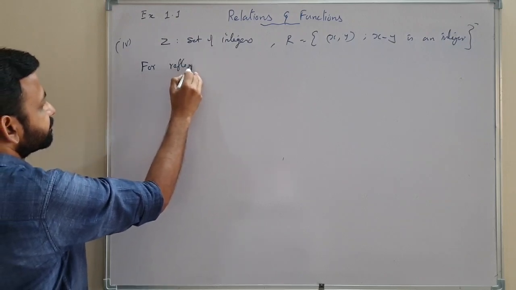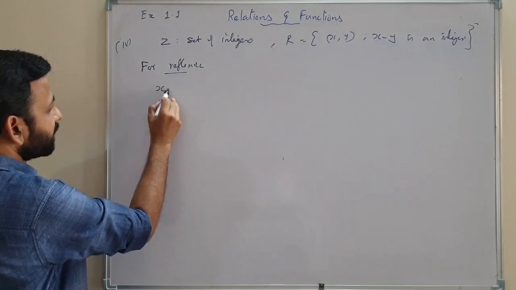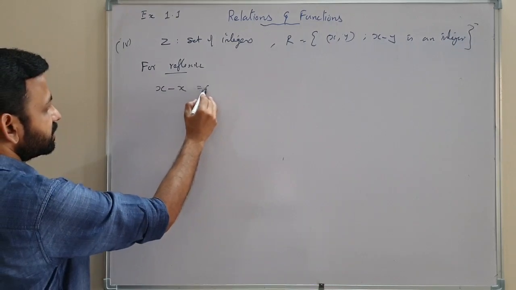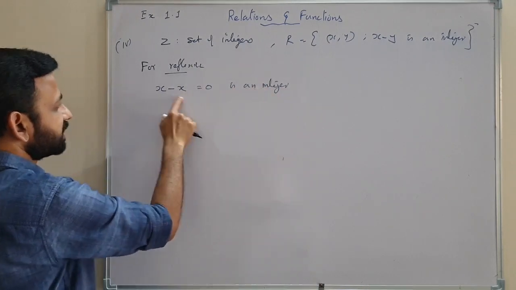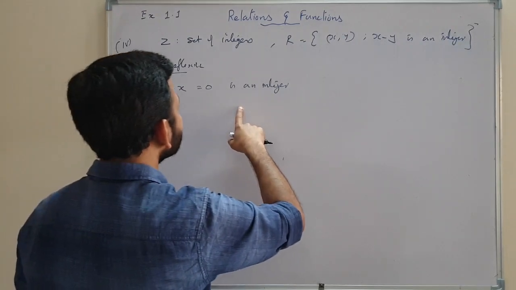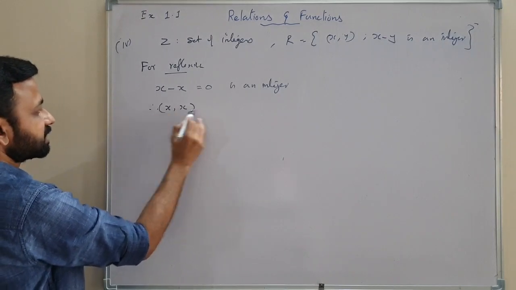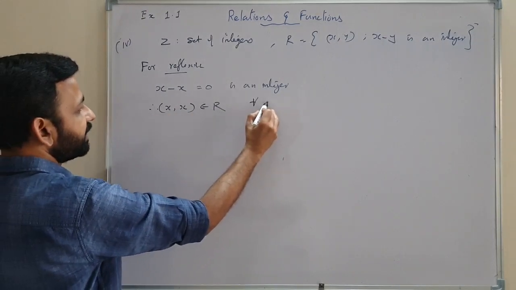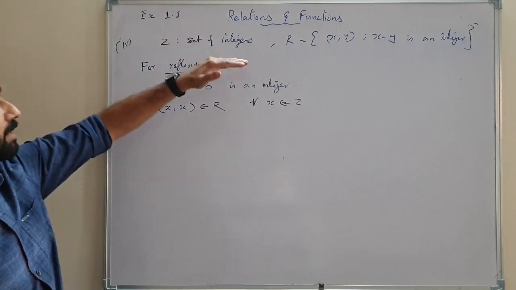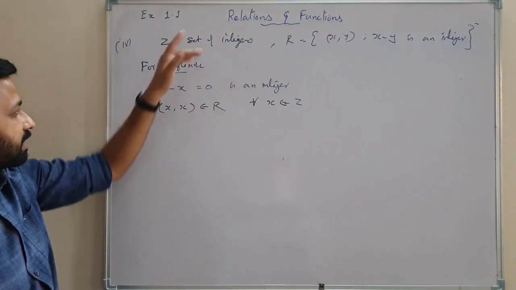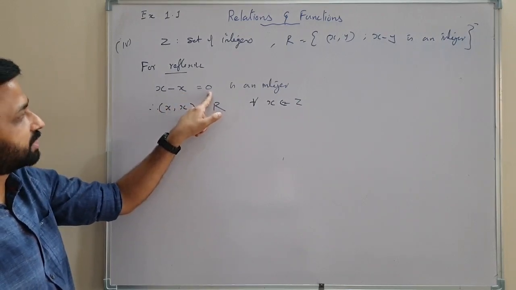For reflexive, x minus x equal to 0 is an integer. Therefore, ordered pair (x, x) belongs to R for every x belongs to Z. So when we take any element from the set of integers, that element minus the same element equal to 0 is an integer.